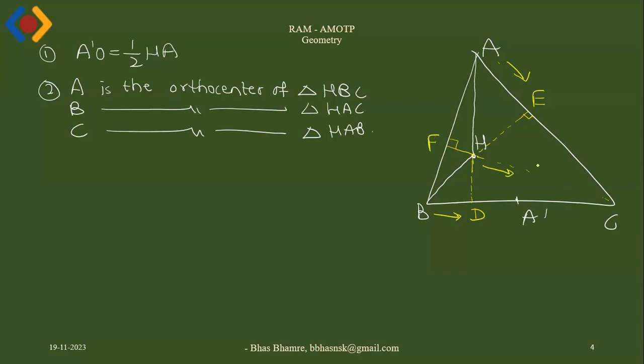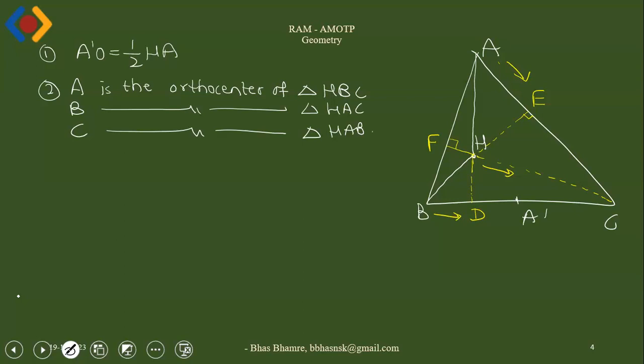Where are they meeting? They are meeting at C, and hence C is the orthocenter of triangle HAB that we have. Yeah, I am explaining but not writing. Sometimes I am just going to give some hint.